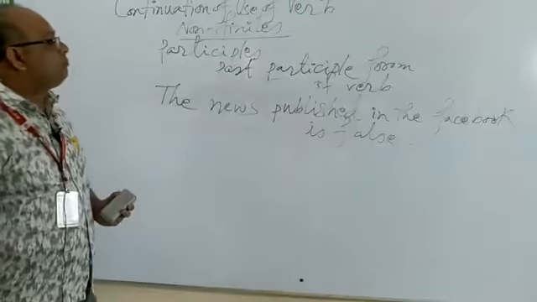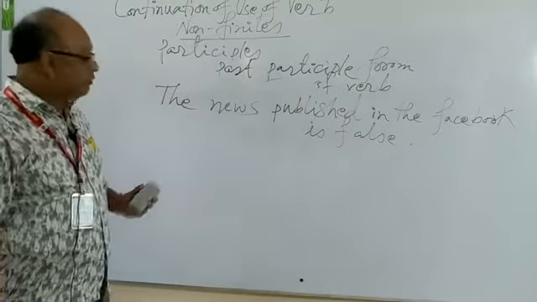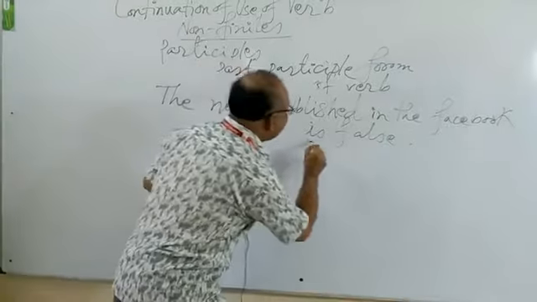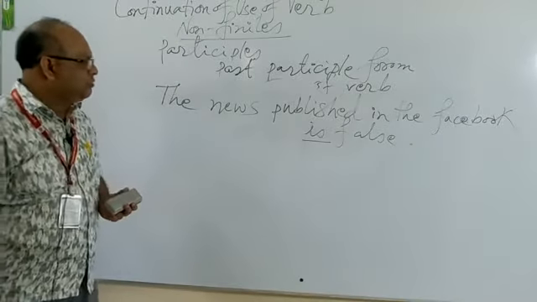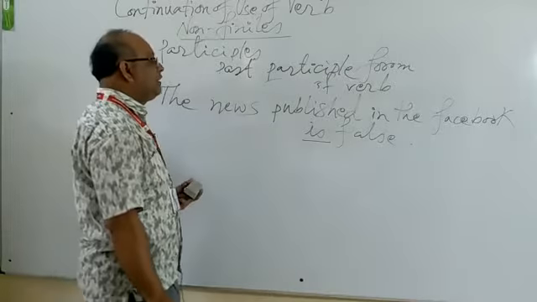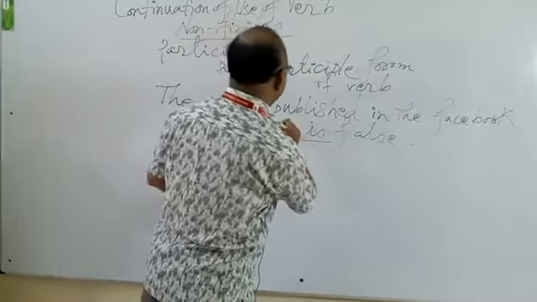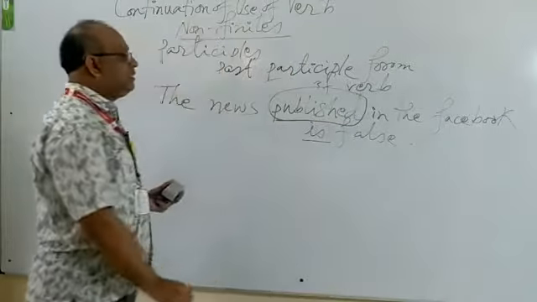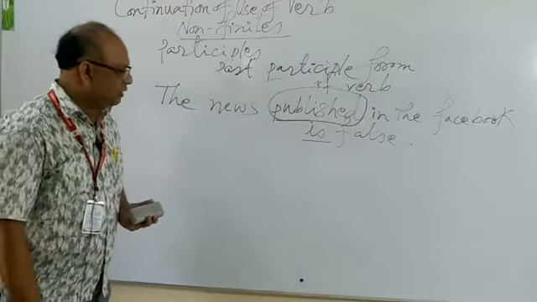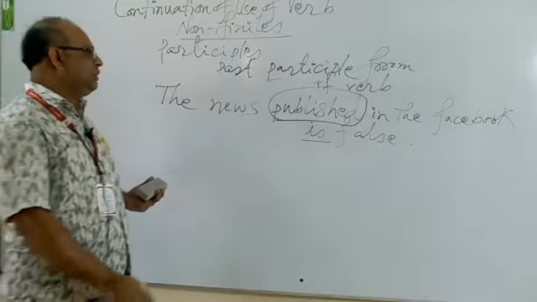So here, what is the verb in this sentence? Is. Finite verb is. The news published in the Facebook is false. So what is the function of this word here? We can see it is the past participle form. But what is its function here?